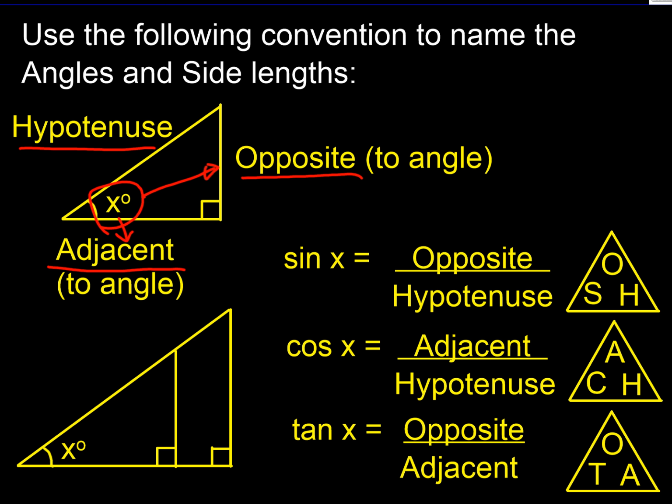This all works because similar triangles have the same ratio of the lengths for the same angle. So if I were looking at a small triangle here, this opposite side divided by that adjacent side would be the same ratio. We could just scale it up to get this larger triangle with its opposite side over its adjacent.